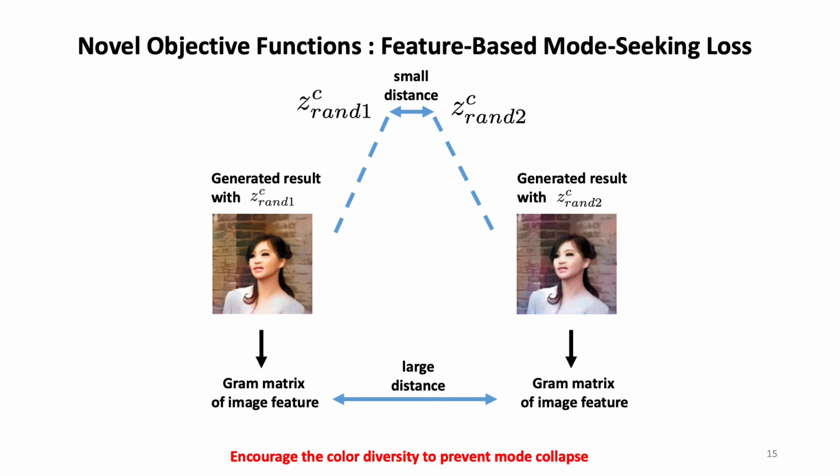This could better enlarge the distance in terms of style and ensure the diversity of colorization results to prevent mode collapse. In addition to the aforementioned objective functions, we also have other typical or widely used loss terms in our model training. Please refer to our paper for more details.